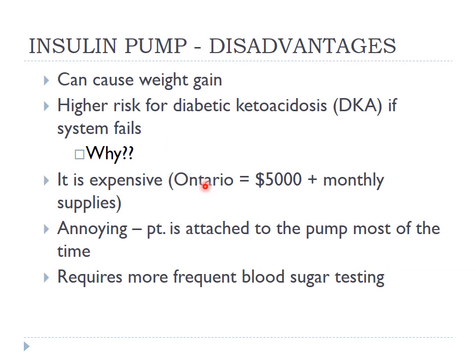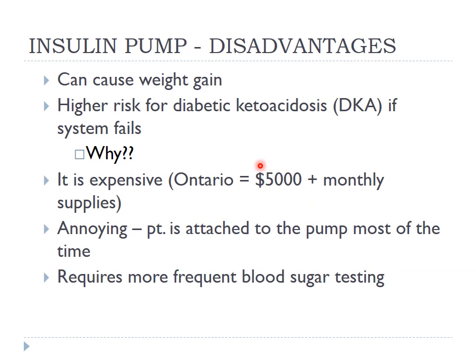It's also very expensive. It's $5,000 minimum to buy a pump, and then you have monthly supplies, which can run you $300 or more a month. It's expensive, and this is why patients are always worried about their hemoglobin A1C, especially if they're on a pump, because the government will cover this cost.